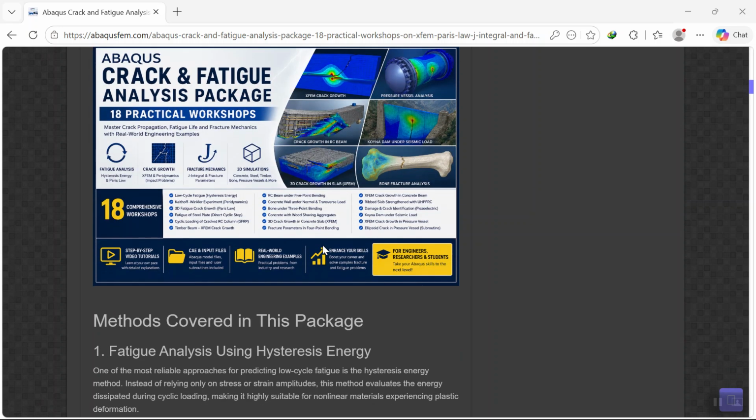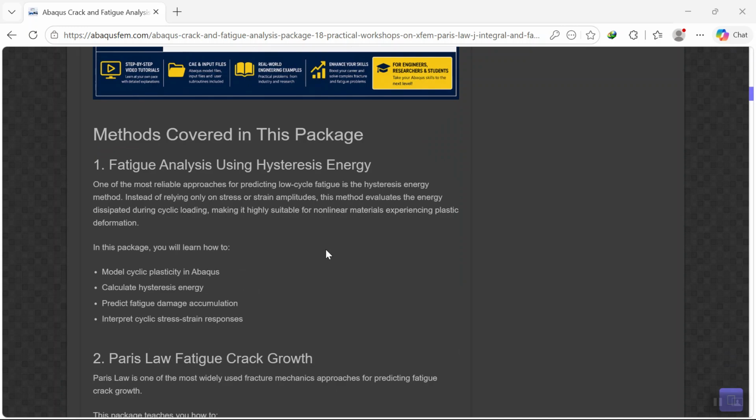Understanding how a crack grows and predicting when a component may fail is one of the most important skills for finite element engineers. Abaqus provides powerful tools for fracture mechanics, but many users find these features difficult to learn because practical resources are limited. That's exactly why we developed this package.